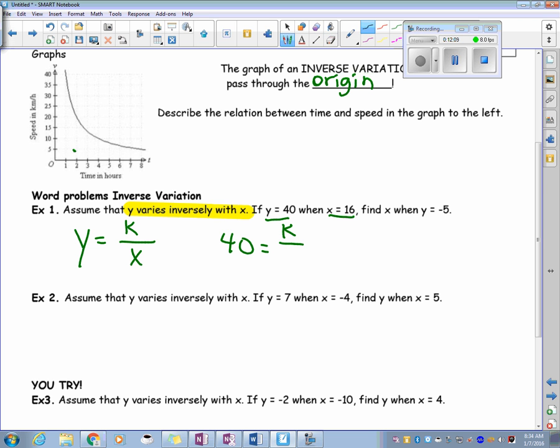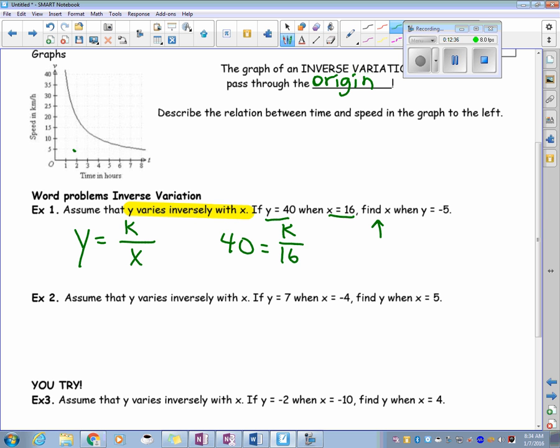So this is 16. Now, they gave you 3 pieces of information, didn't they? They want you to find x when y is equal to negative 5. Well, I can't find x if I don't know what k is. So I have to first find k, so this is a lot of substitution.